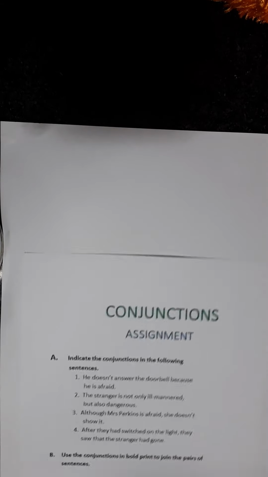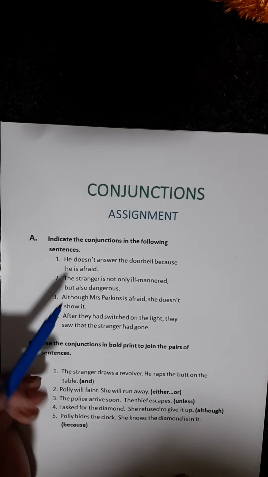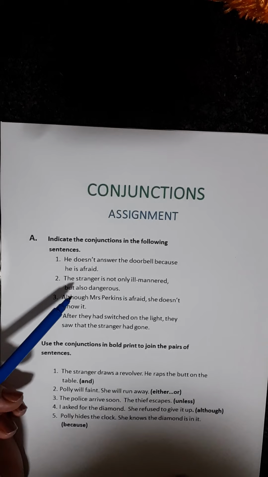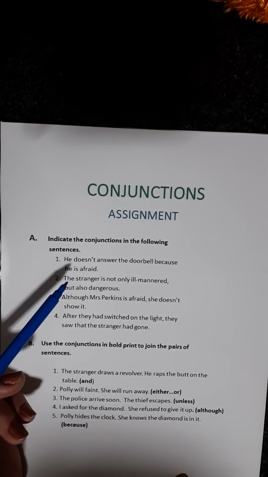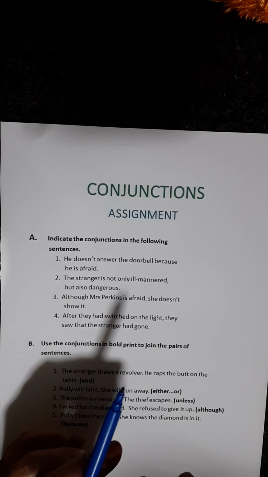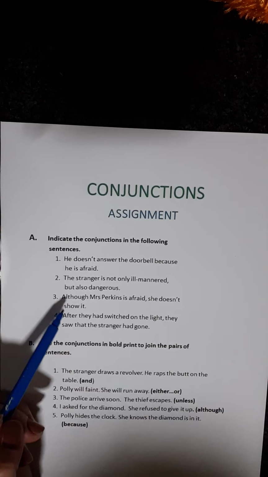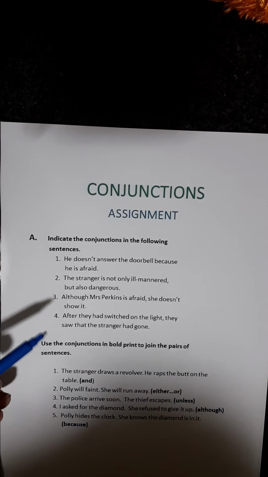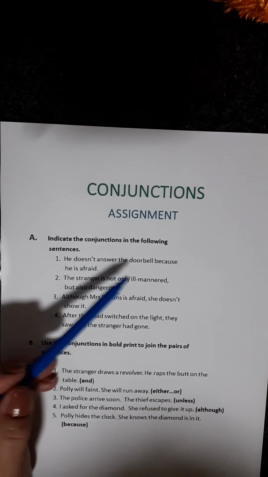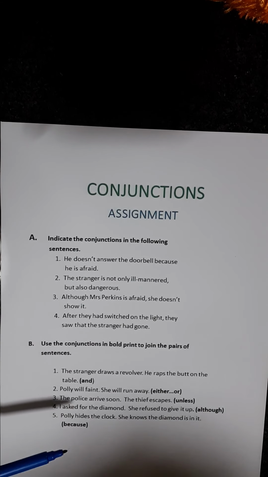For the first assignment, I would like for you to first be able to recognize the conjunctions. Where are your main clauses, your two main ideas, your separate sentences that are combined by a conjunction, as we have just explained in the notes. Please underline your conjunctions in these 4 sentences.